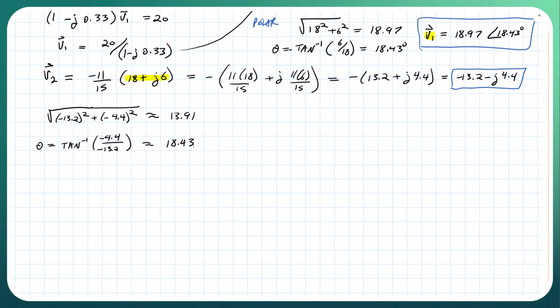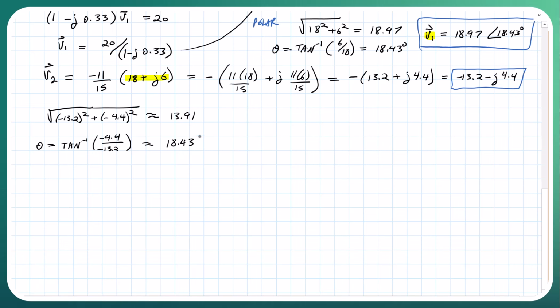So if we look here, we can write this in two different ways. A couple things to note: because both the real and imaginary parts are negative, the angle is going to be in the third quadrant.